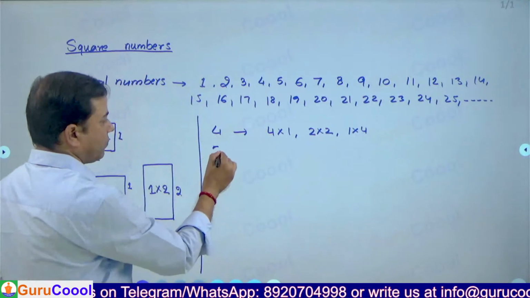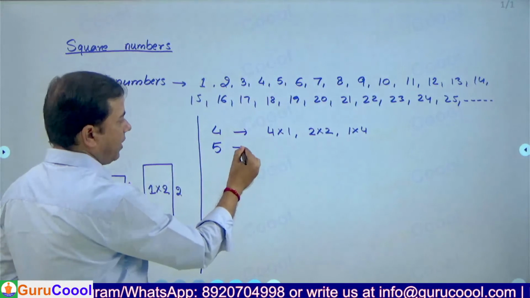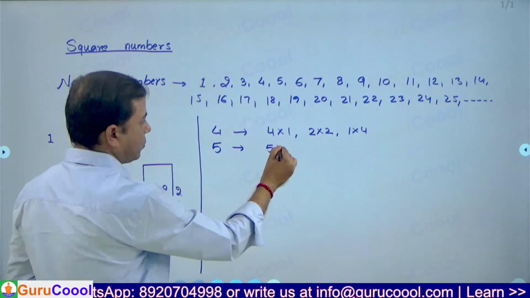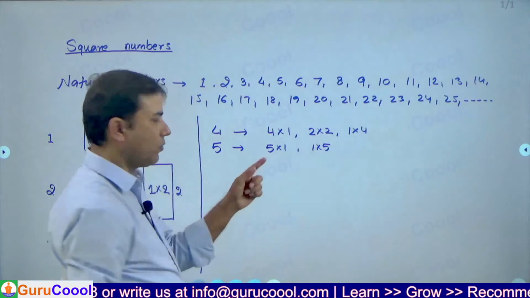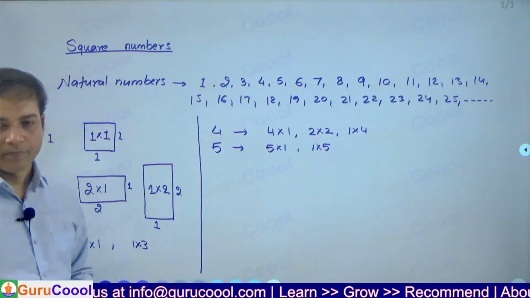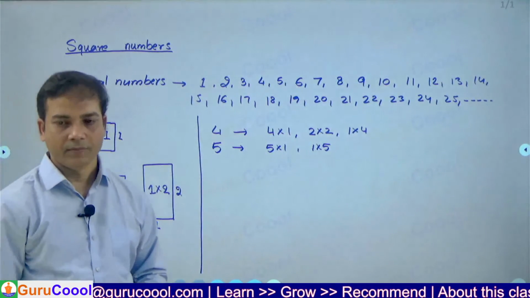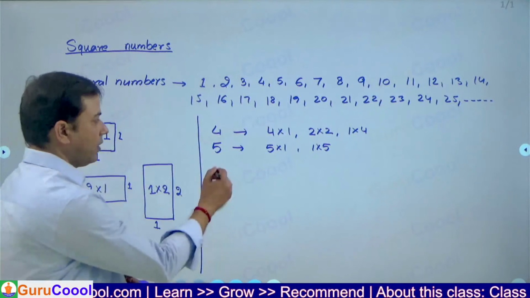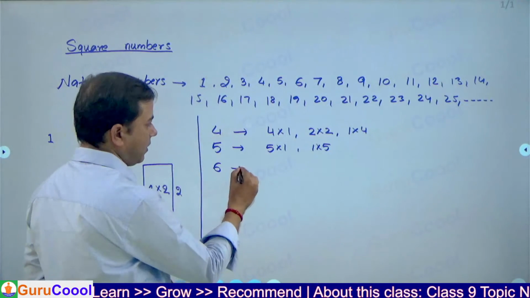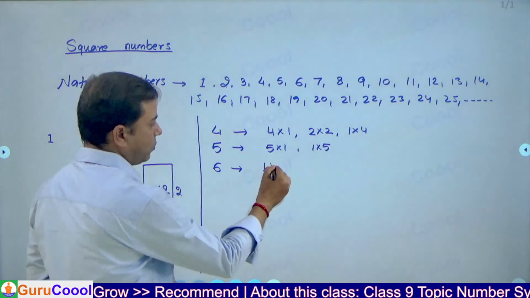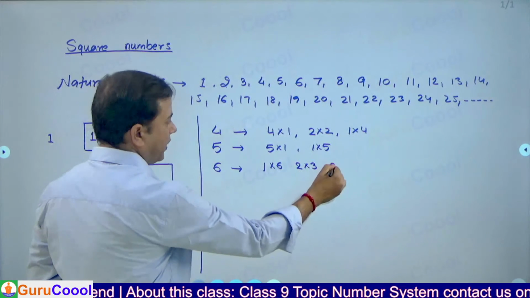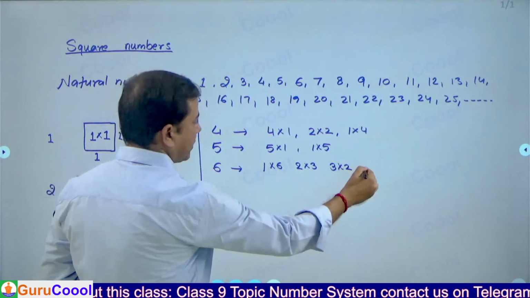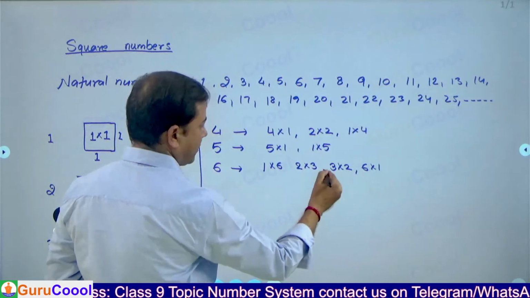Let's talk about 5. 5 can be represented as 5 into 1, 1 into 5. Do you think any more? No. Let's now talk about 6. 6 can be represented as 1 into 6, 2 into 3, 3 into 2, 6 into 1. 4 ways.